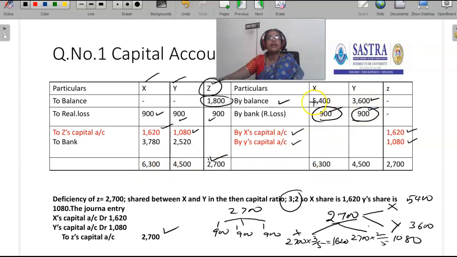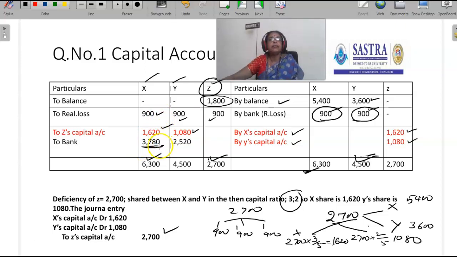X total is 5,400 plus 900, that is 6,300. Y's total is 3,600 plus 900, 4,500. So 6,300. From this 6,300, realization loss is 900. X capital account deficiency he bears 1,620. If we deduct, the balance is 3,780.